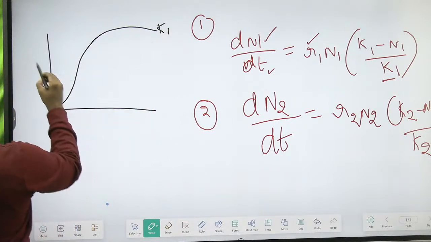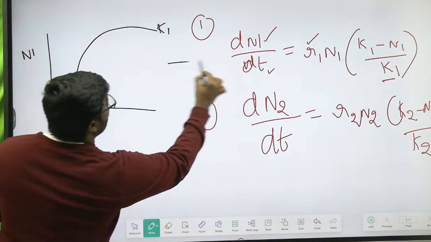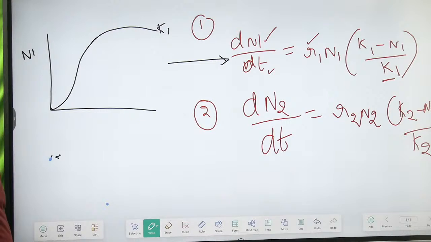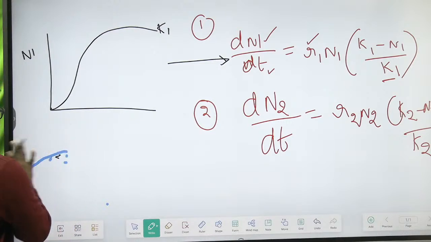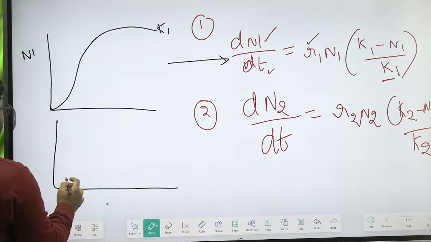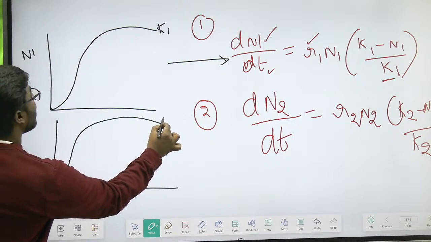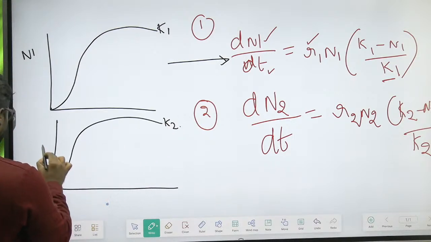So it is a normal growth equation for the species which is growing alone without any competition. The same thing you can observe for species 2 also, it is also growing alone without any kind of competition, right?